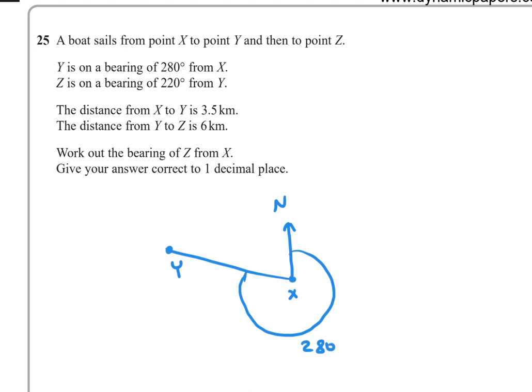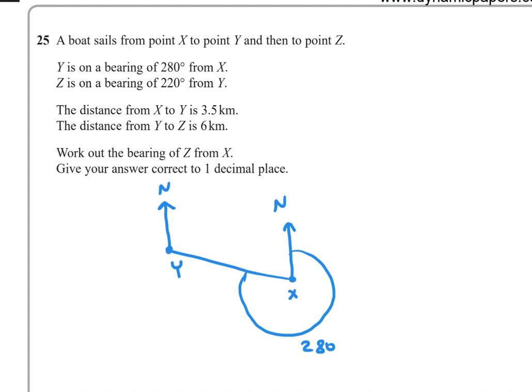Now Z is on a bearing 220 from Y. So draw the north at Y, which is parallel to the north at X. And Z is on a bearing 220 from Y, so 220 moving clockwise from the north.